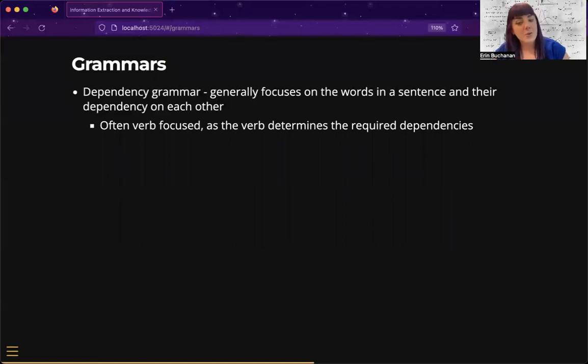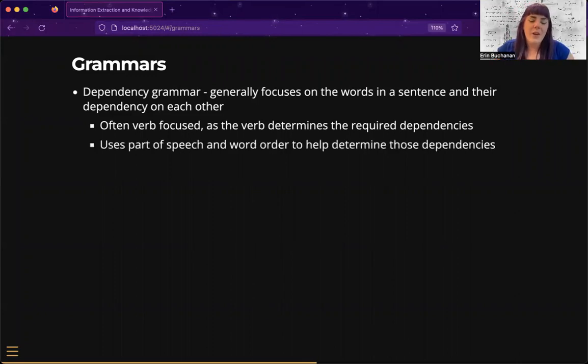Some verbs are what's called transitive or intransitive or ditransitive, or dative sometimes, and these are ones that have to have direct objects or not. So the verb is the boss of the sentence. When we're doing dependency parsing, we look at the part of speech and those word orders to determine dependencies, and that's embedded into spaCy.